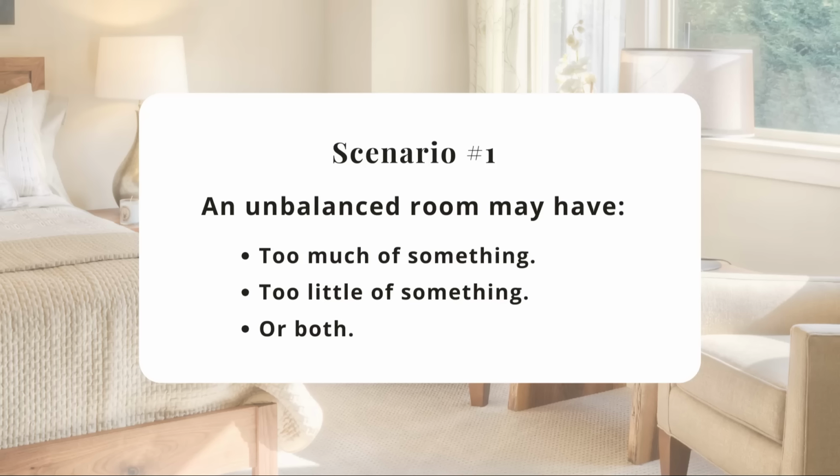In this first scenario, if we look at our room and we notice that there is too much of something, or maybe too little of something, or maybe a combination of both, that helps us know what we need to change. So what we would look for are things like colors.